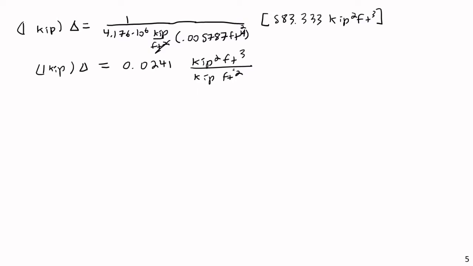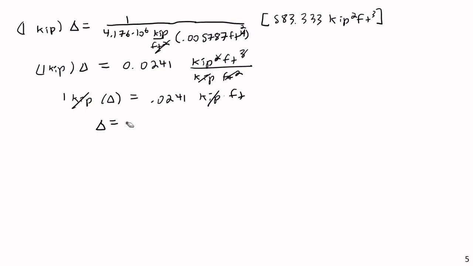And so the foot squared goes away, and this becomes just a foot. That kip goes away, and that just becomes a kip. And so I'm left with 1 kip times delta equals 0.0241 kip times feet. And the kip cancels out, and I then find that delta is equal to 0.0241 feet.